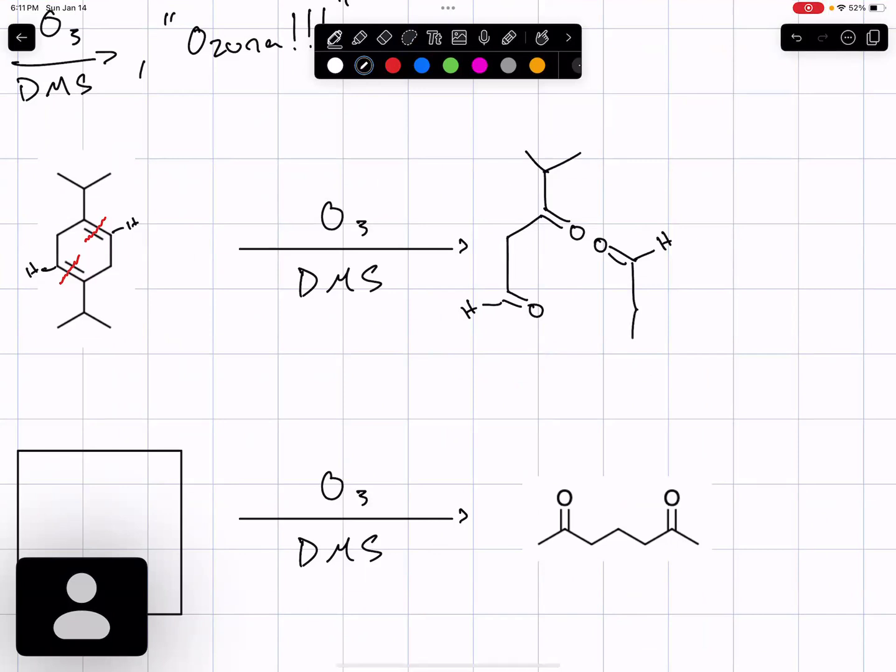Okay, and this goes down this way. And here there's the other carbonyl, right? Attached to the isopropyl group. Okay.